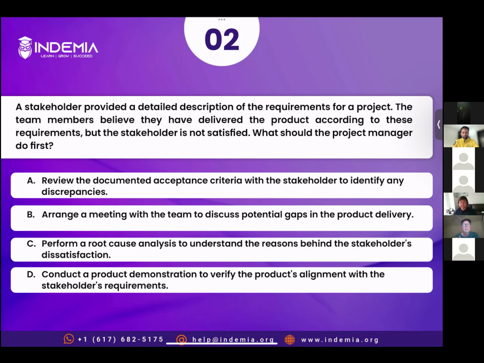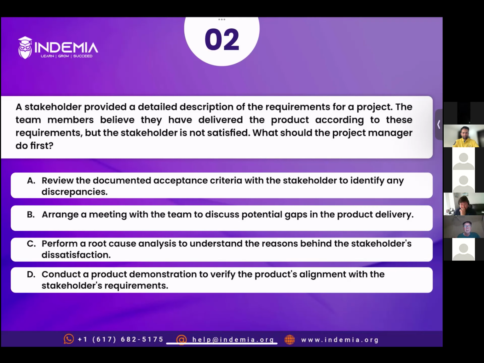Mary, you have chosen option D. You're on mute. Yes, I apologize. I chose option D because the stakeholder is not satisfied, so I want to compare the actual against the plan requirements.